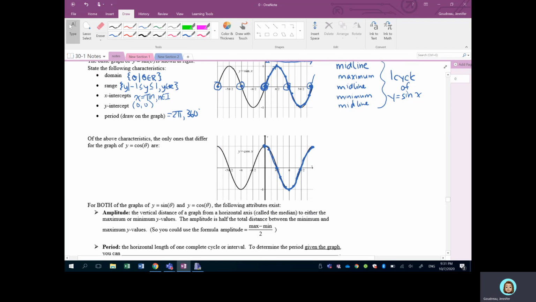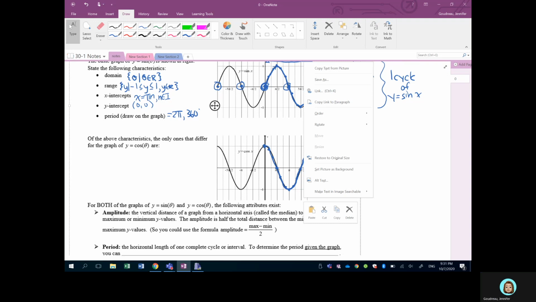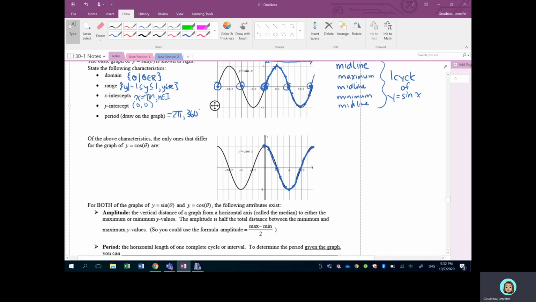X-intercepts is something that's going to be different. And we can see right away on this graph a couple x-intercepts. I see one right at -3 pi over 2. I see one at -pi over 2, and I see one at 3 pi over 2. Oh, and pi over 2.